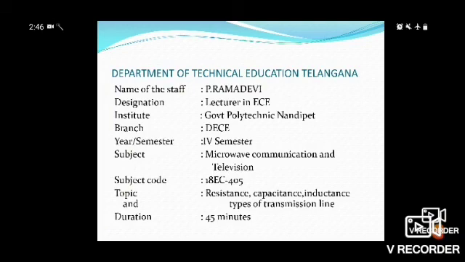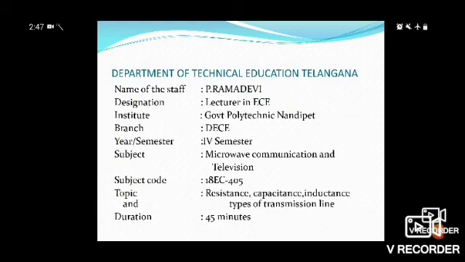Whenever a signal is transmitted from the transmitter to the antenna, we use a guided medium called a transmission line, which transmits RF signals from the transmitter to the antenna with the least power losses.